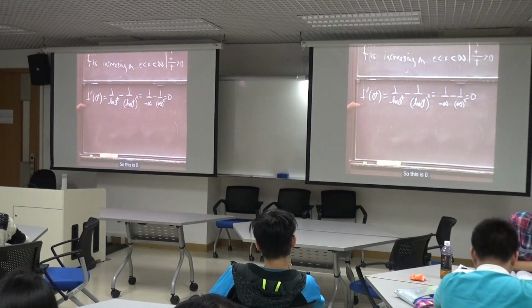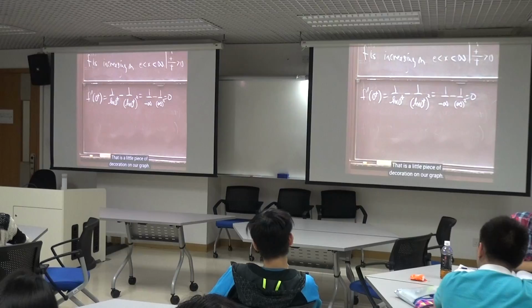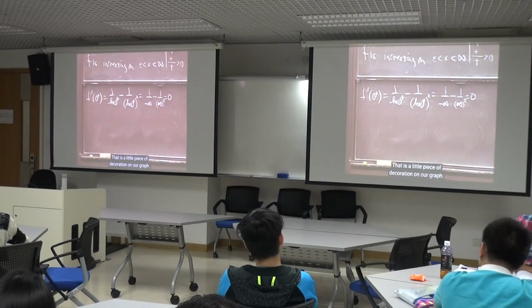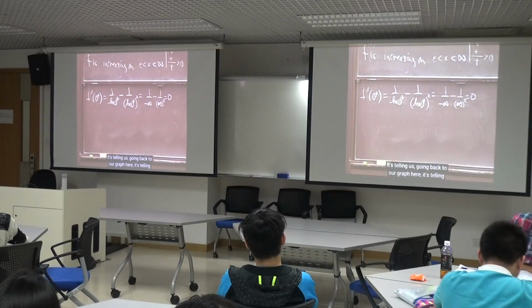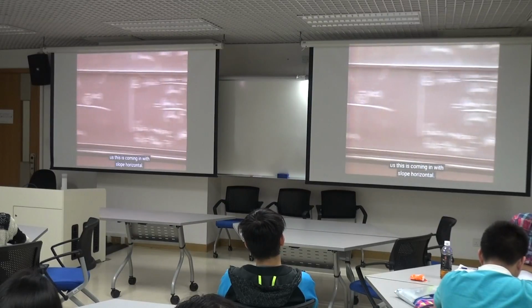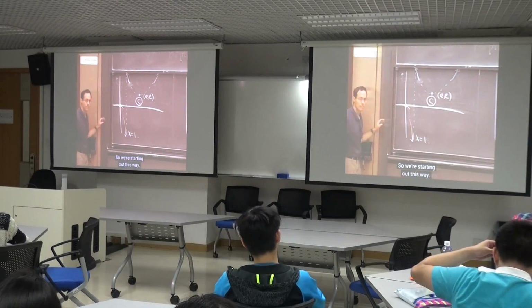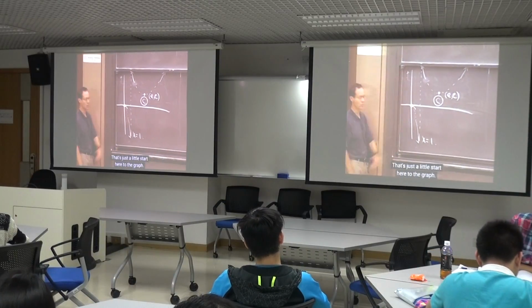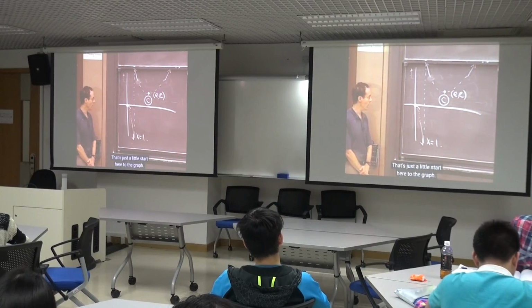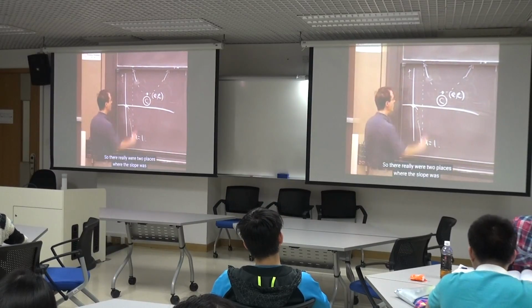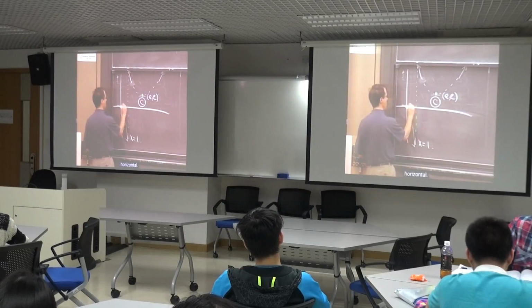So the slope is 0 there. That is a little piece of decoration on our graph. Going back to our graph here, it's telling us that this is coming in with slope horizontal. So we're starting out this way. And that's just a little start there to the graph. It's horizontal slope. So there really were two places where the slope was horizontal.